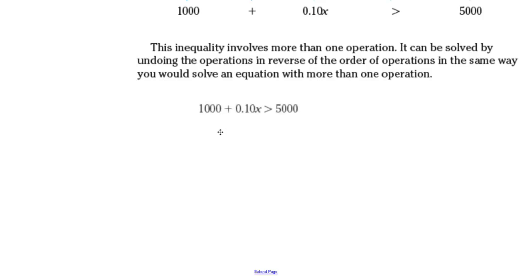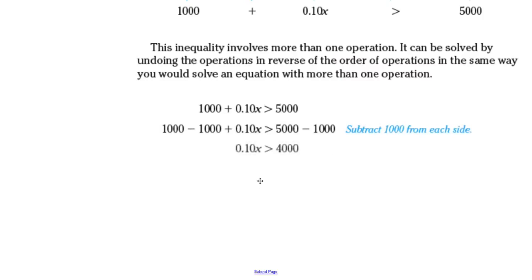So you have 1,000 plus 0.1x greater than 5,000. You want to solve for x, so you subtract 1,000 from both sides of your inequality. So you end up with 0.1x greater than 4,000. Then divide both sides by 0.1, and x would be greater than $40,000.